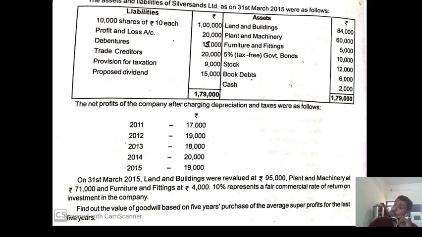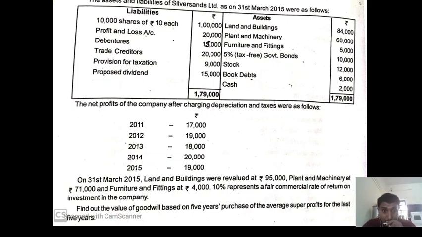So, while we calculate average capital employed also, we need current year profit. We need to reduce current year profit, correct? So, since we need to reduce current year profits, there also we have to reduce this 500. 5% on rupees 10,000, 500 rupees, has to be reduced from the current year profit.